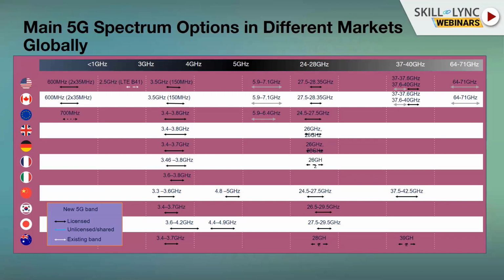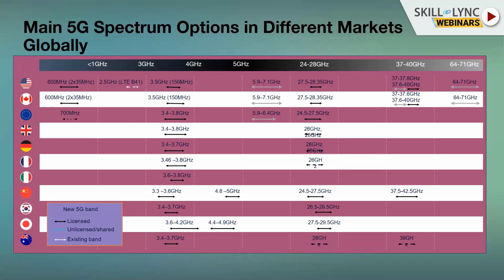Low band spectrum can be 700 megahertz or 600 megahertz, which is lower than 1 gigahertz, or it could be 850 or 900 megahertz refarming. By minimizing the usage of legacy 2G and 3G spectrum, the aggregation of the different spectrum bands from sub 1 gigahertz to millimeter waves will give the optimal combination of coverage.